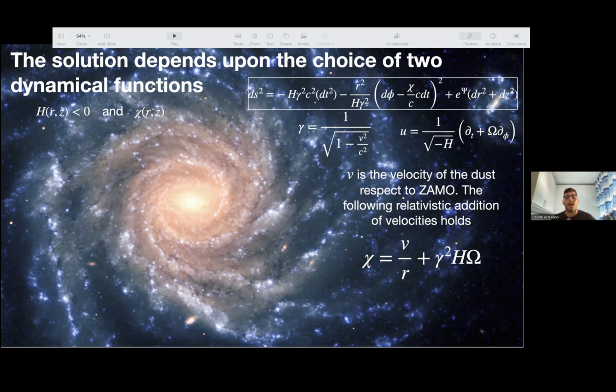I already talked about the physical interpretation of k, that is the angular velocity of the ZAMO as seen by an asymptotic inertial observer. I didn't talk about the physical interpretation of h yet, but up to now it is just a function that we can choose. Once we choose h and k, we get the model.